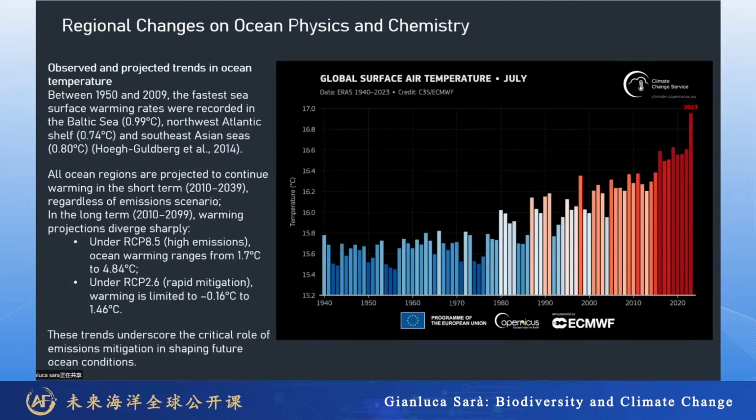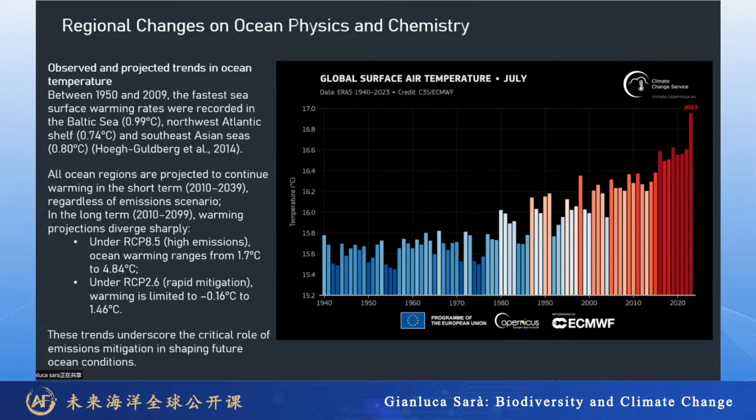We have different kinds of effects in the last century, in the last decades, or in the last years. We had a sharp increase of temperature of global surface marine water masses.